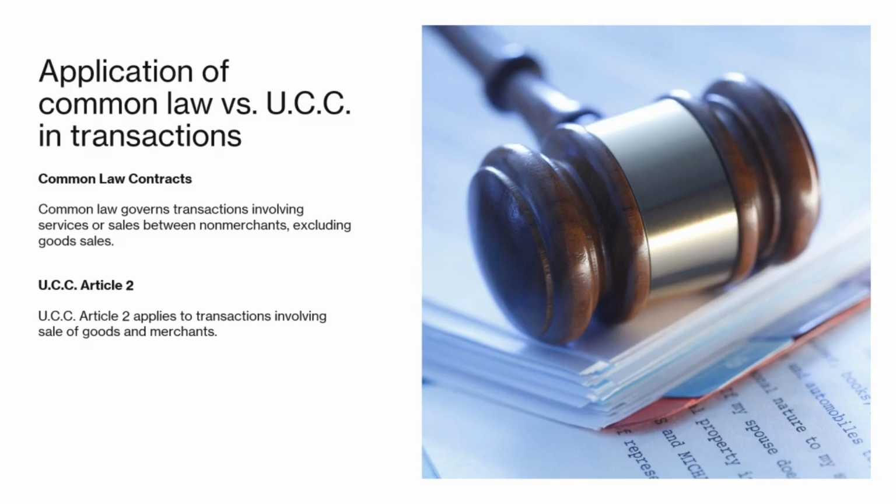For example, one student selling a used textbook to another student, or a person hiring someone to paint a building. UCC Article 2, on the other hand, applies to transactions involving the sale of goods and merchants. So purchasing a new computer from a retailer would be the type of situation where you would make your legal conclusions from the UCC.